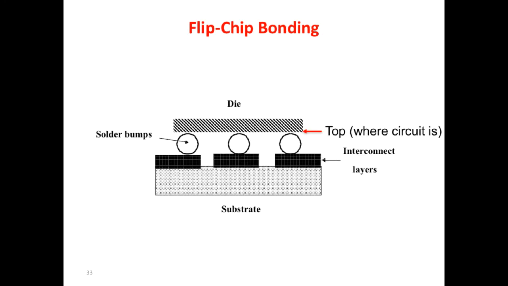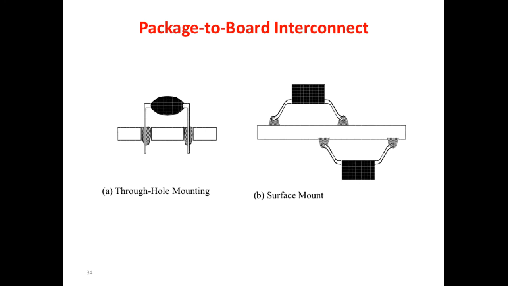Okay. Then, once you have the package, you need to put the package on the board, of course. And as you probably know, there are at least two ways of putting a component on the board. You can have a through-hole mounting, which is very basic.